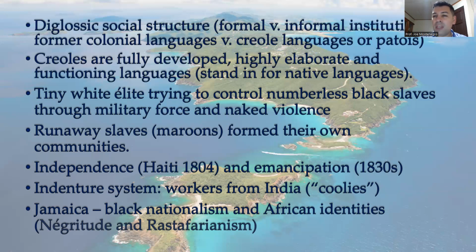I don't know if you're familiar with that, but it's very much related to religion and to music, like reggae music. It's all about Black origins and African identities, and it's very strong coming from Jamaica and then spreading all over the world, particularly where the Africans ended up as a result of the diaspora caused by the slave trade.